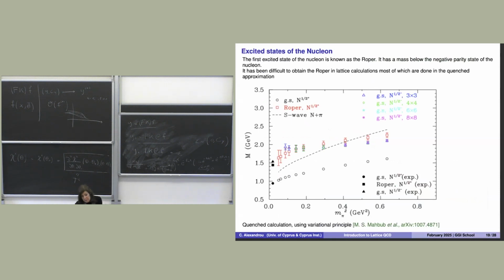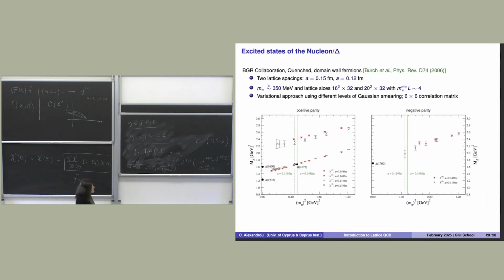They are resonances. So they decay, and we have to take that into account. So there are open questions here. For example, we cannot see the Roper, the first excited state of the nucleon. We cannot see it at the moment. We don't know where it is. So there are a lot of open questions, a lot of things to do.